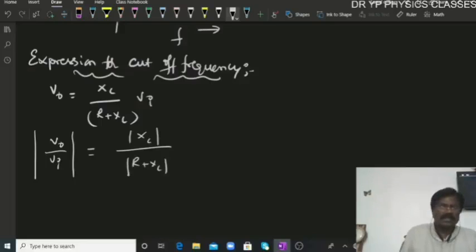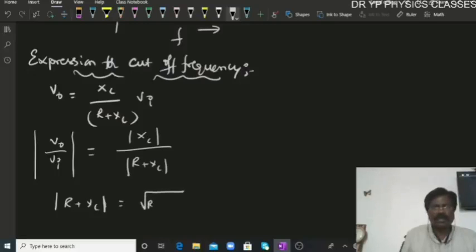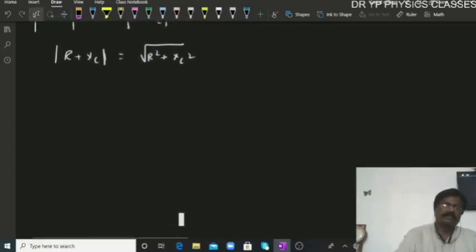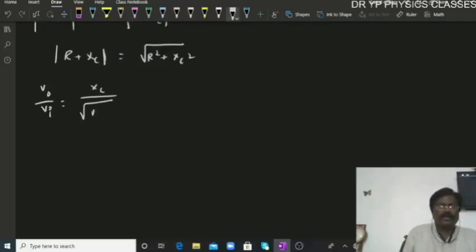Now the modulus of R plus XC can be given as the square root of R square plus XC square. Therefore, I can write V0 by Vi is equal to XC divided by square root of R square plus XC square.